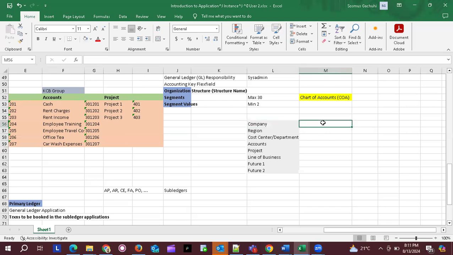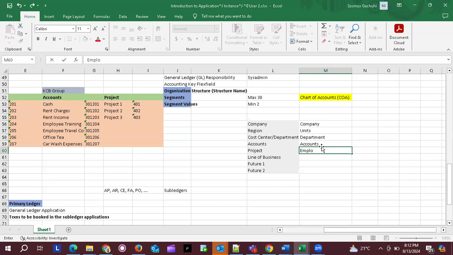Probably you might find they have, for instance, let's say company, then department, accounts, and they have supplier line.